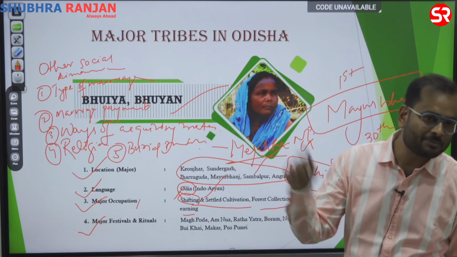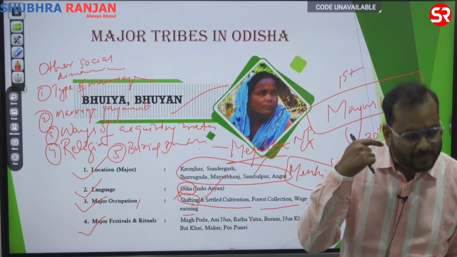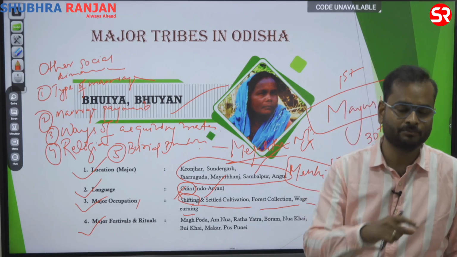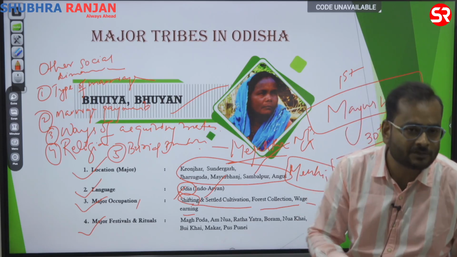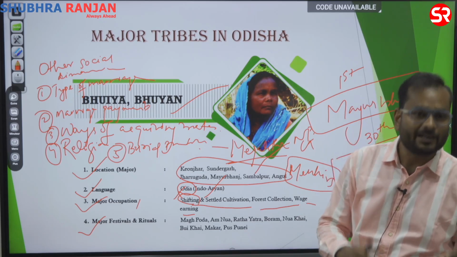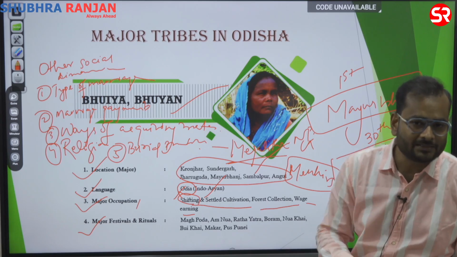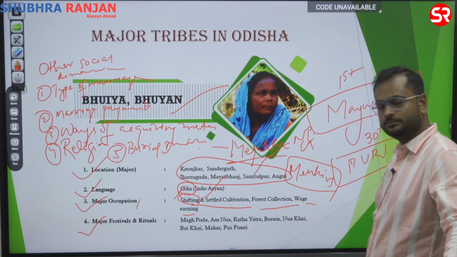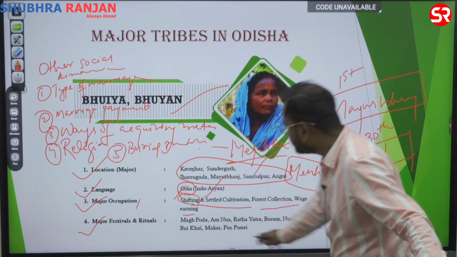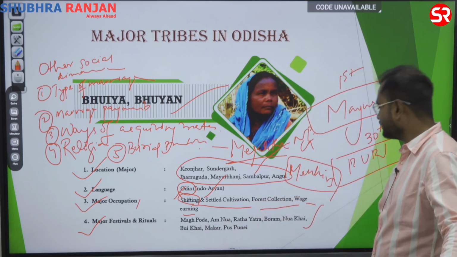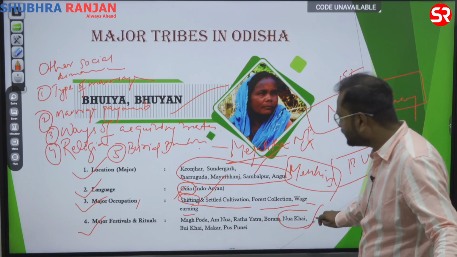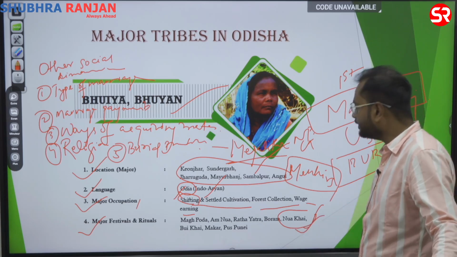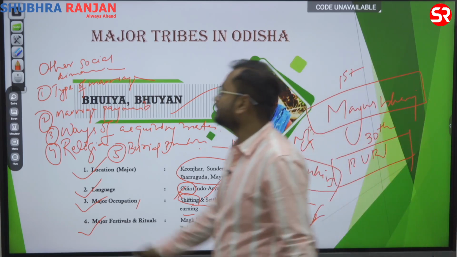So if there is an abundance of forest, then you must visualize in your mind what are such districts in our state which have such abundance of forest, where shifting cultivation can be a social practice. Understood? Likewise, forest collection also. What are the major festivals? This is one major festival, Nuakhai, which is very much important, and it attracts an international eye on it.